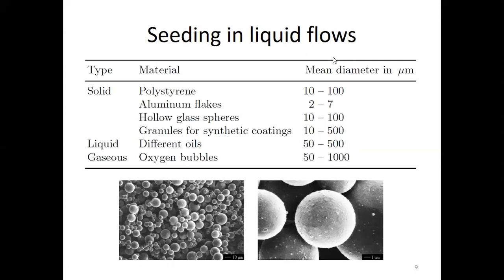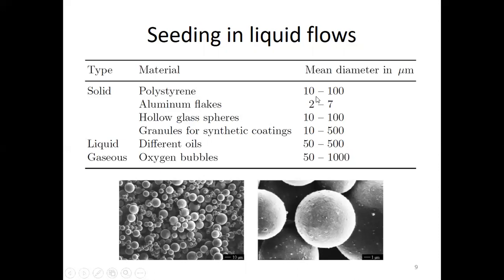Mean free path length is a crucial point. So that's what people use as classical materials to measure. Sometimes people use solid particles like polystyrene, aluminum flakes, aluminum particles. Sometimes people use simply glass spheres, hollow glass spheres, granulars from coating, something like this.